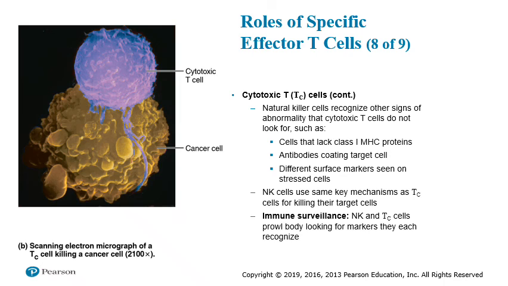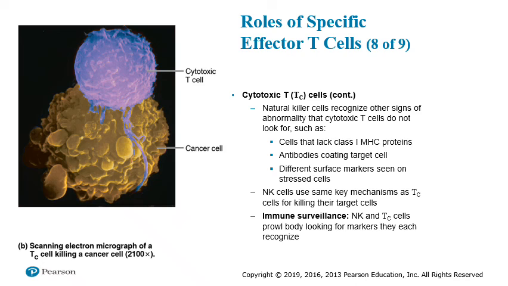The cytotoxic T cells are natural killer cells and they recognize other signs of abnormality: cells that lack the MHC1 proteins, and antibodies that are coating target cells. They also have different surface markers that are seen on stressed cells, such as interferon.